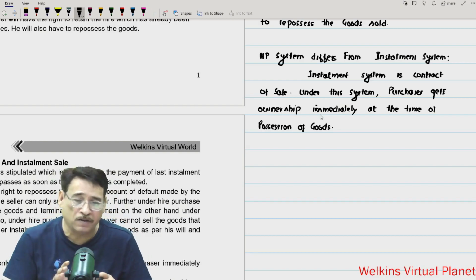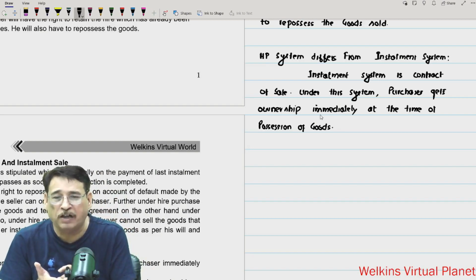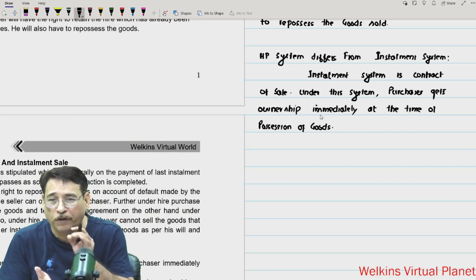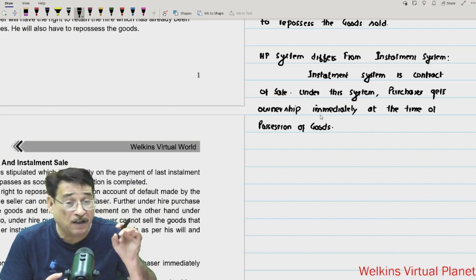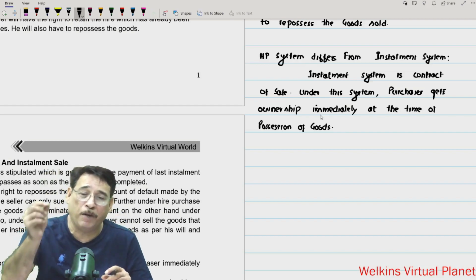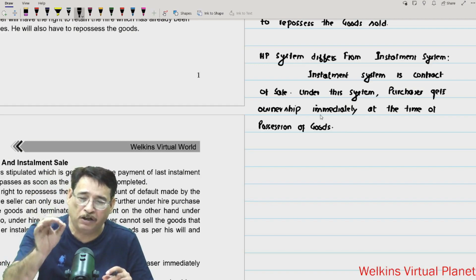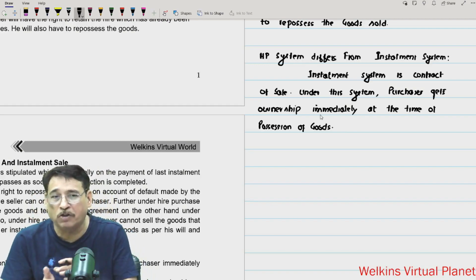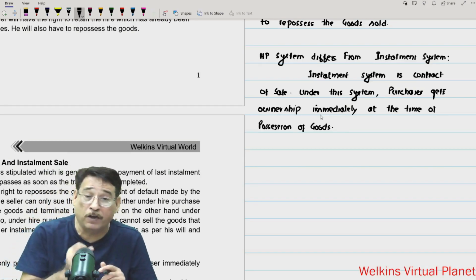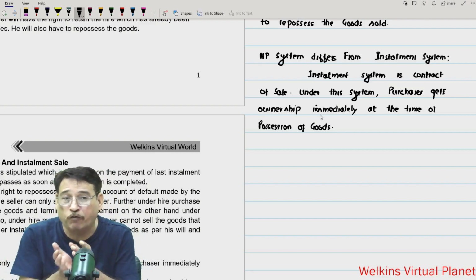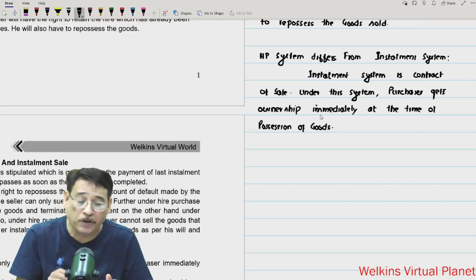Under hire purchase system, the purchaser will get the ownership only on payment of the final installment. Whereas under installment system, just by paying the initial deposit, you can take the possession, and not only the possession, but you will also become the owner of the goods. This is the big difference between the installment system and hire purchase system.